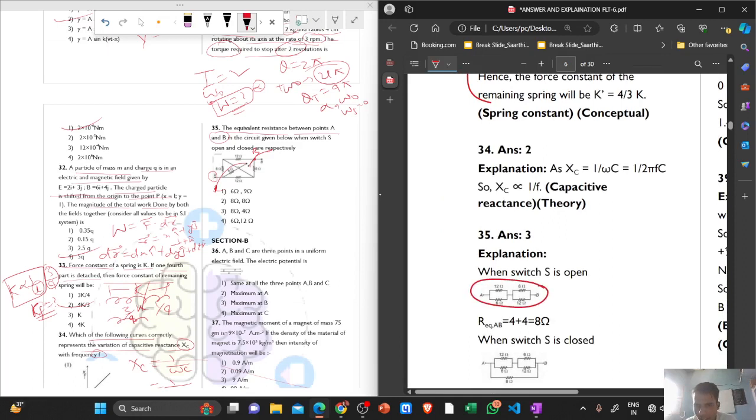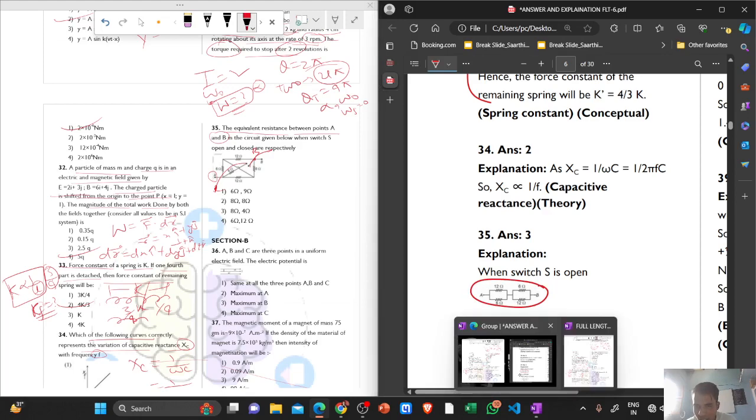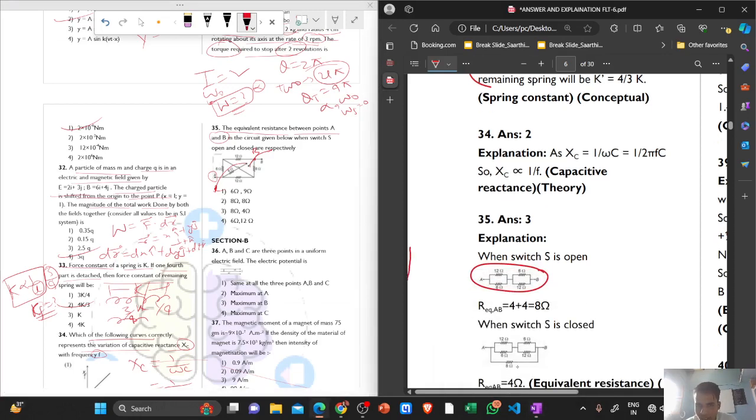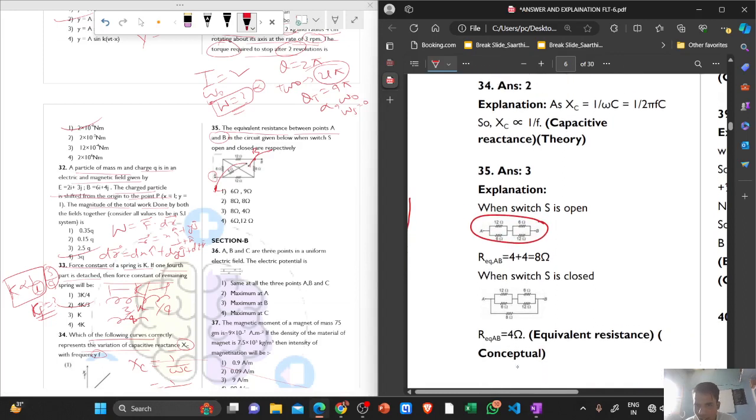It's the equivalent here. When the switch is closed, there is an extra 8 ohm acting on it, in parallel, because this is giving you 8 ohm and this is giving you 8 ohm. So your R equivalent between A and B will be 8 by 2, which means 4 ohm.